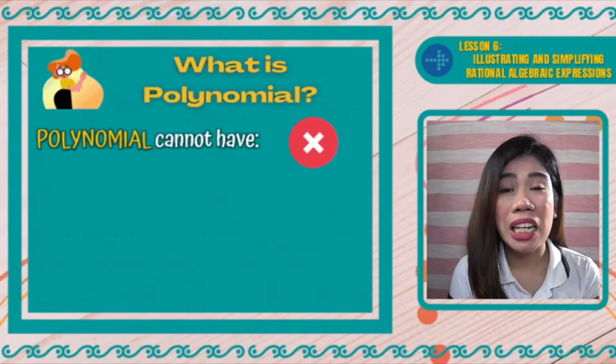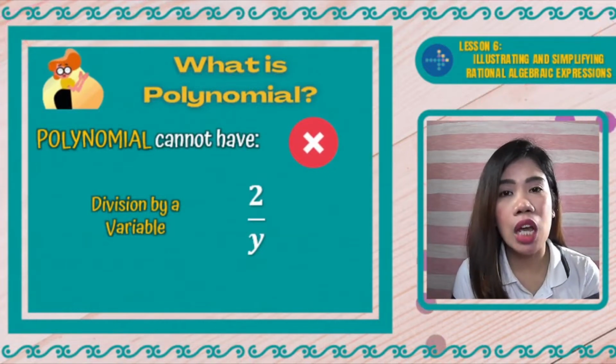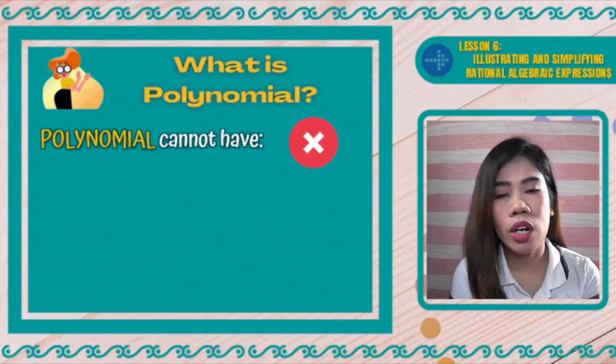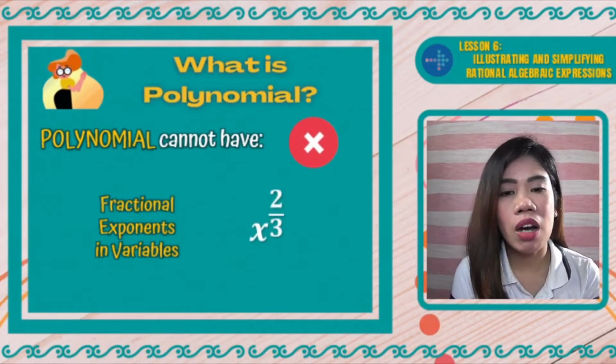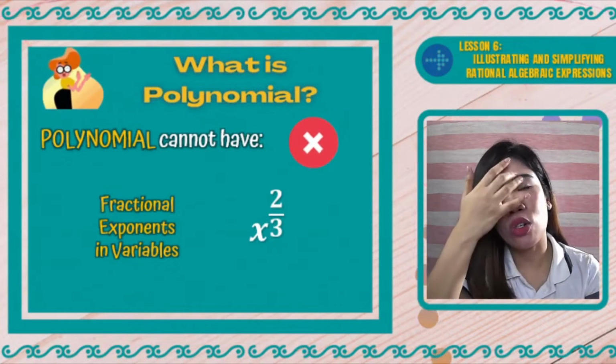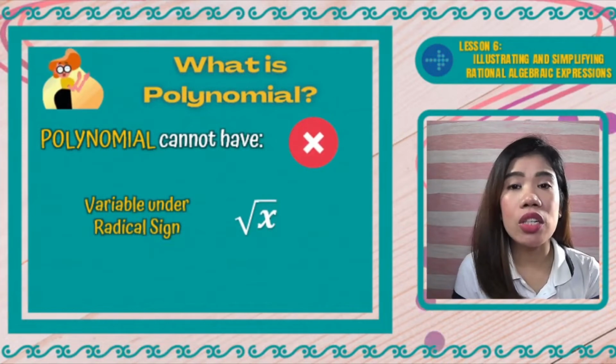So alin yung mga hindi pwede? So, division by variable. So, hindi tayo pwedeng makakita ng letter or variable sa denominator. Hindi rin pwede yung mga fractional exponents or yung exponent natin ay mga fractions. Hindi rin pwede yung variable under the radical sign.